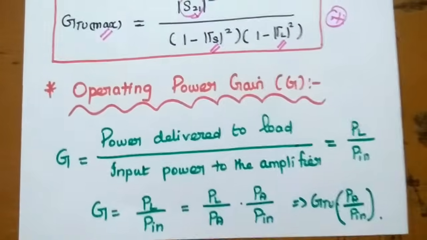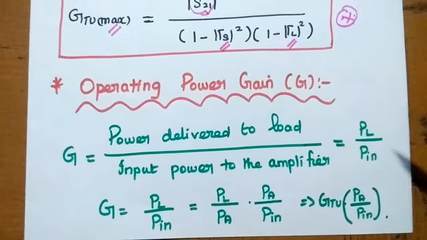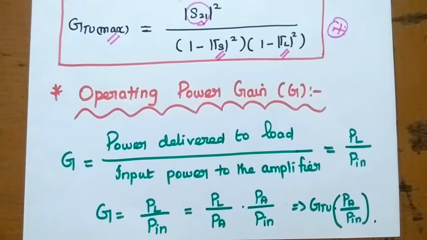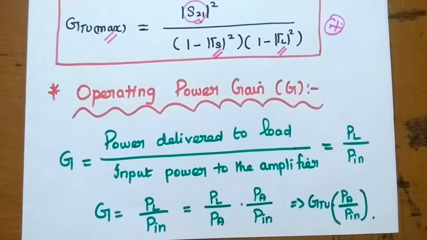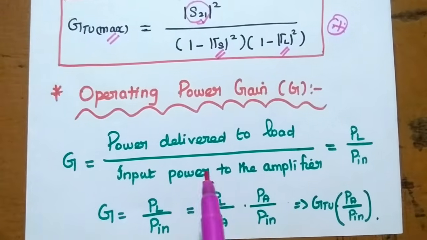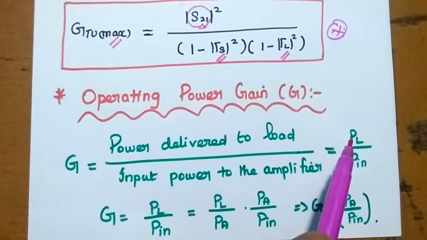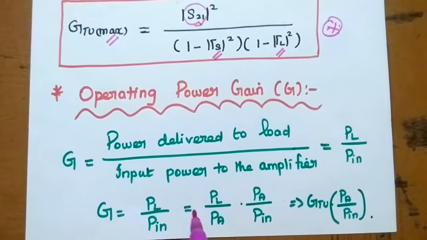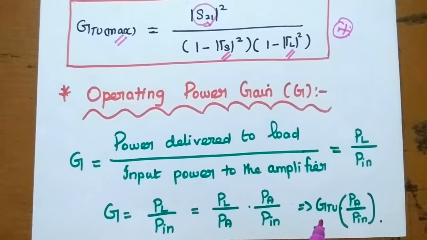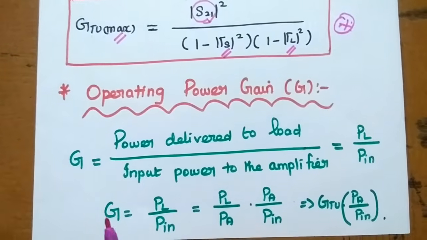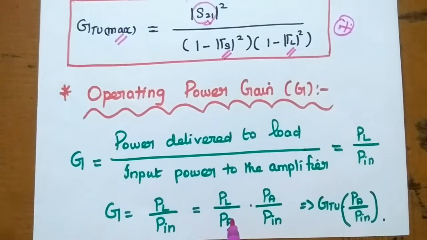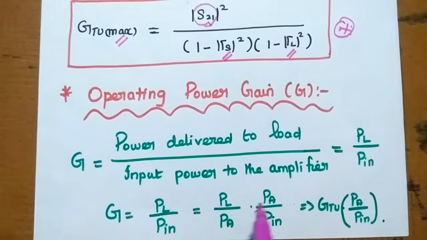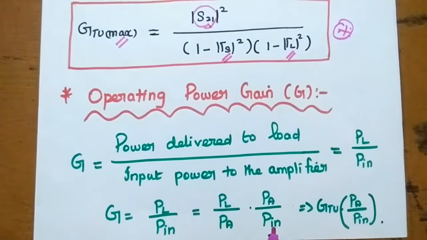So next, operating power gain. Operating power gain is the ratio of load power to the input power. This can be written in terms of transducer gain. So G is equal to PL by Pin. We can write that the same as load power to available power times available power to input power.